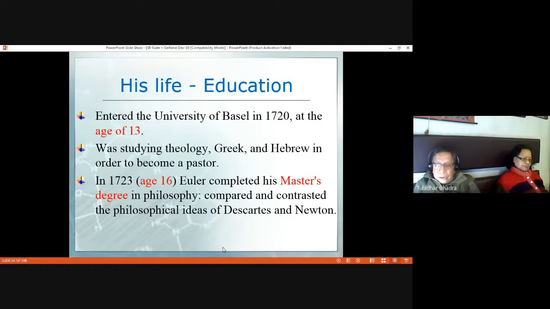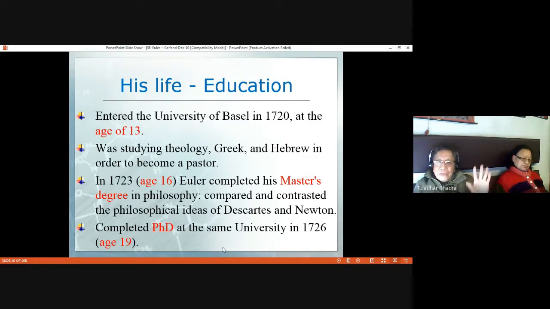While working on his master's thesis on Descartes and Newton, his interest in mathematics grew. He completed his PhD at the same university in 1726 at the age of 19. You can see he entered university at the age of 13, and within 3 years he completed his master's, and within 3 more years his PhD. That's why I call him an extraordinary mathematician.